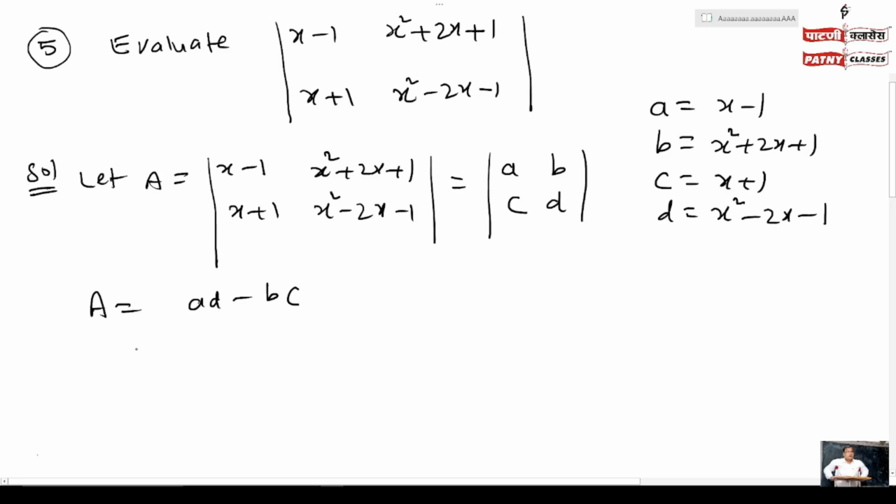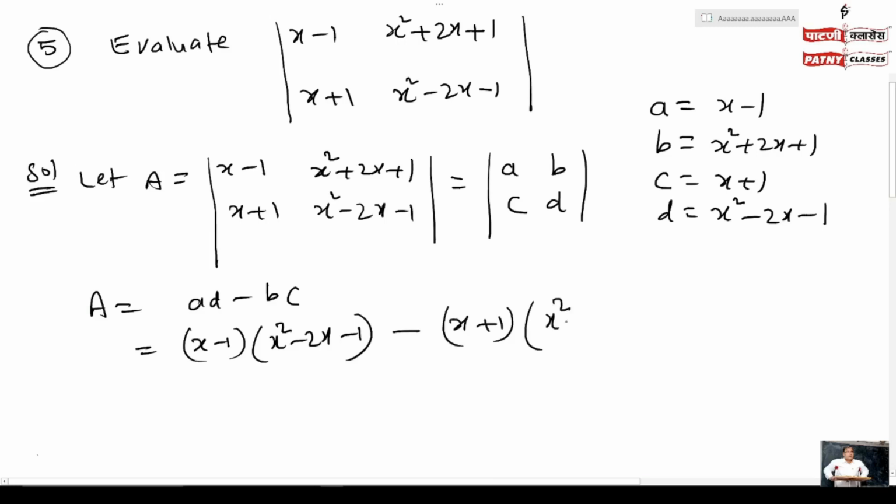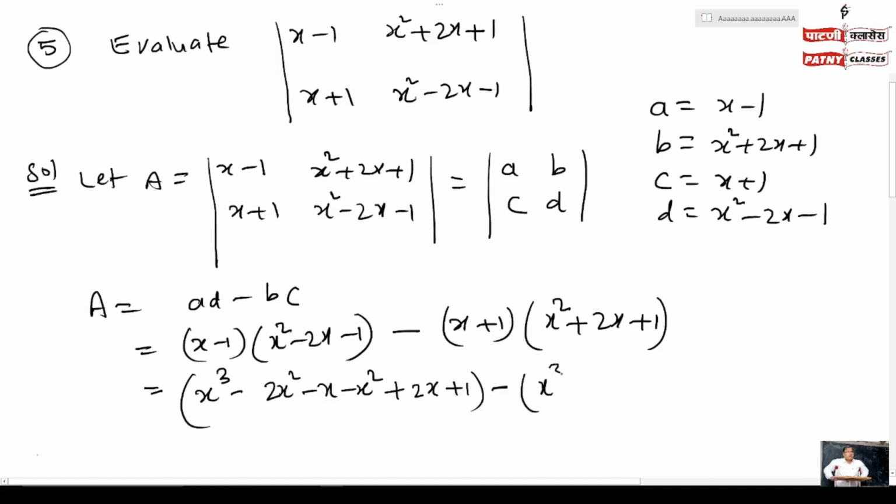So AD minus BC, that is x minus 1 into x square minus 2x minus 1, minus x plus 1 into x square plus 2x plus 1, equals x cube minus 2x square minus x square plus 2x plus 1 minus x cube plus 2x square plus x square plus 2x plus 1.